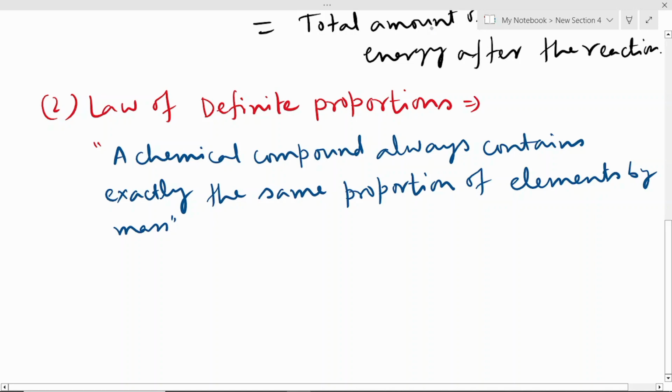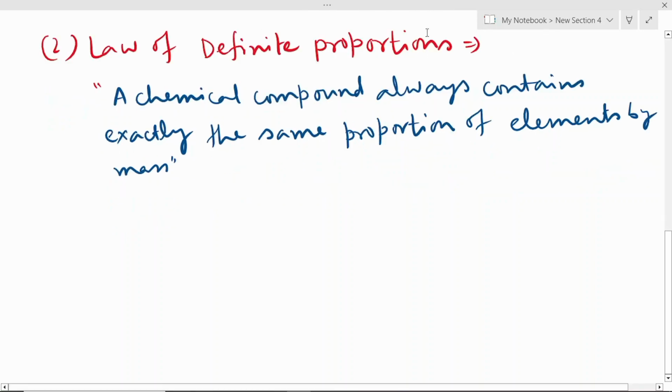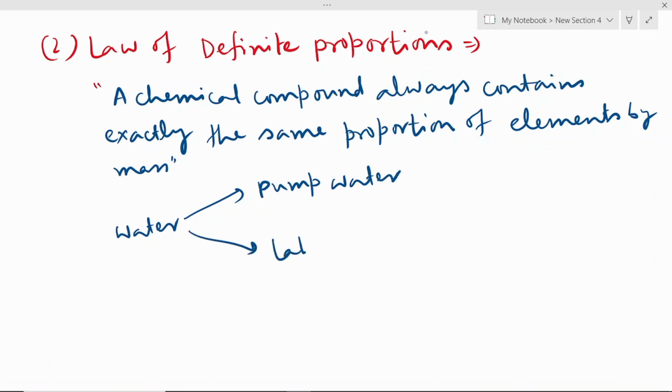Suppose water is collected from a pump and water is also collected from a lab.